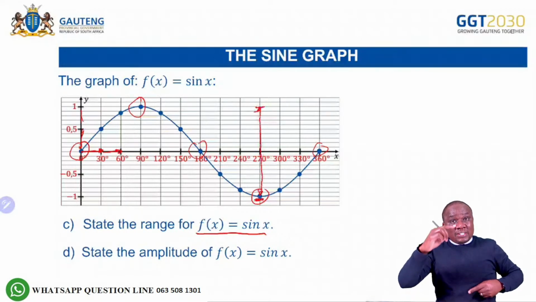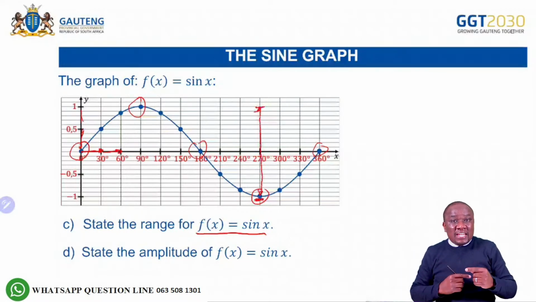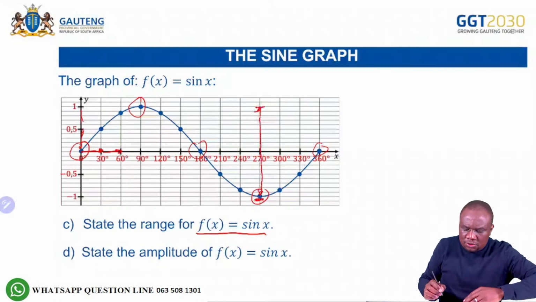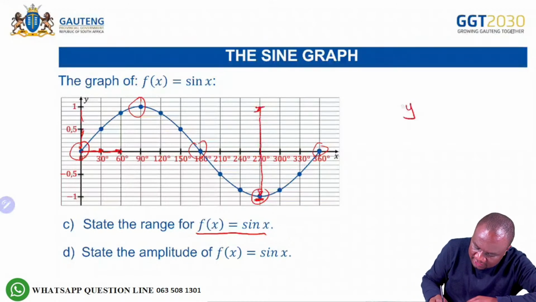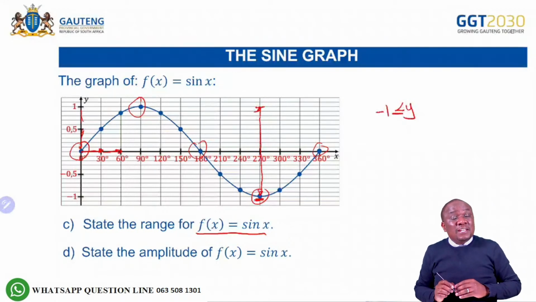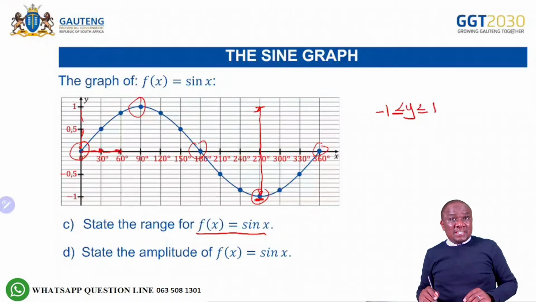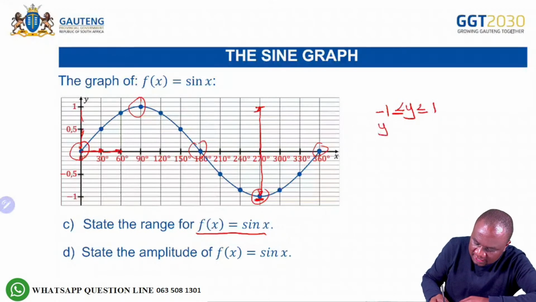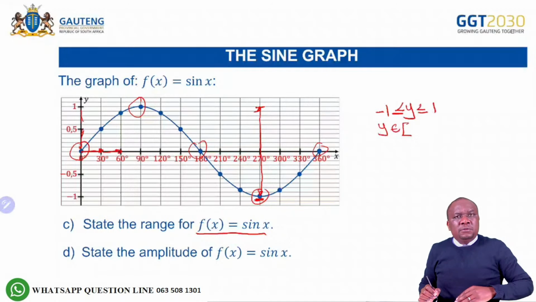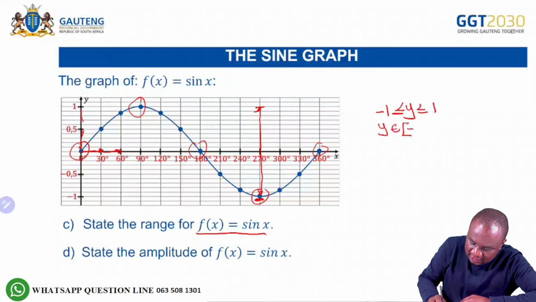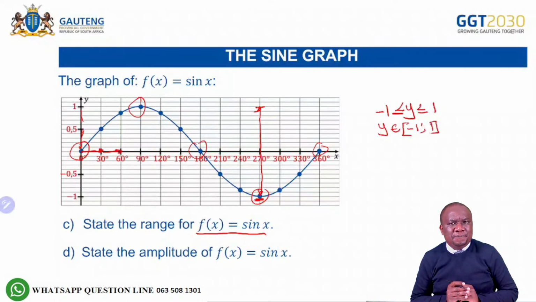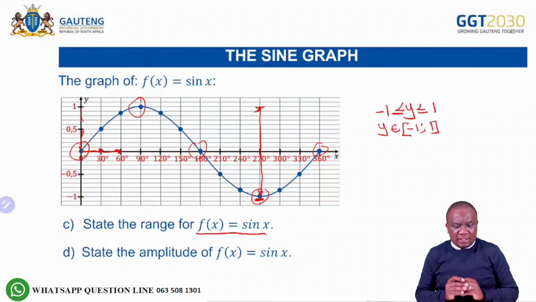So y is greater than or equal to -1, because -1 and 1 are included, but less than or equal to 1. You can write it like that, or say y is an element of, using square brackets for included, -1 to 1. That is the range.